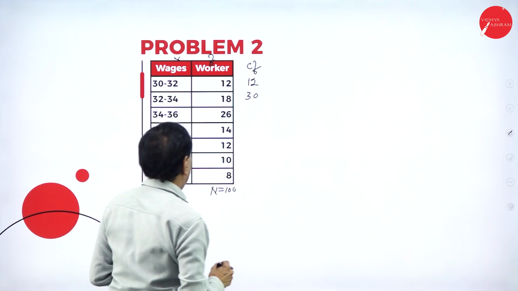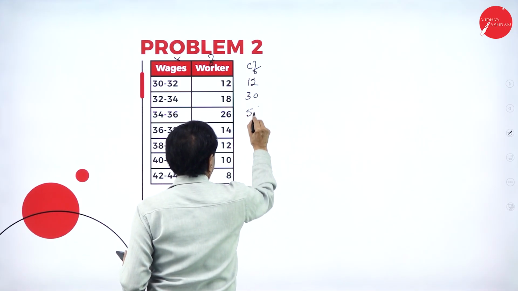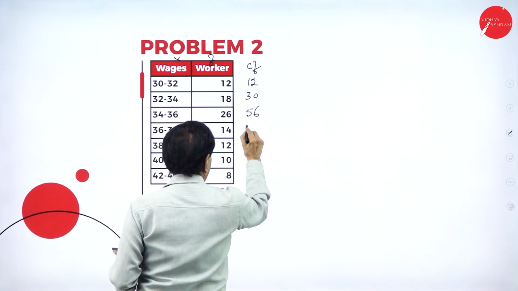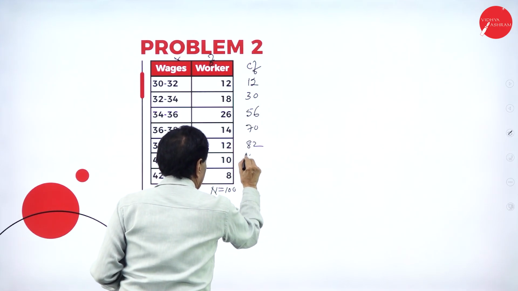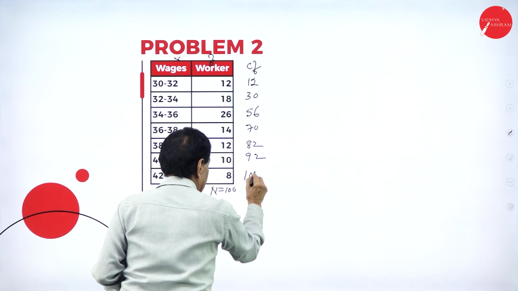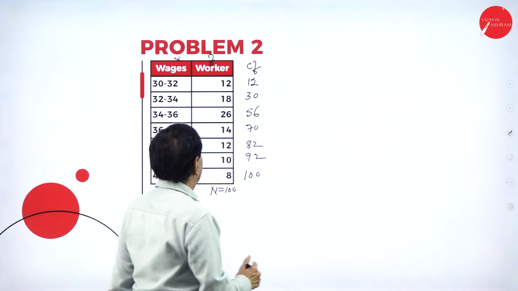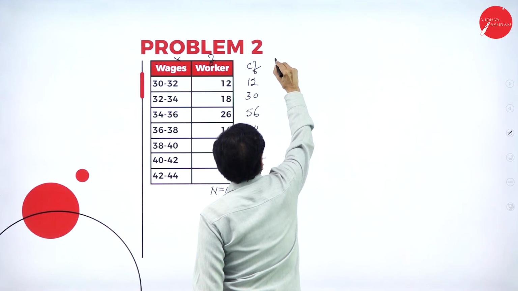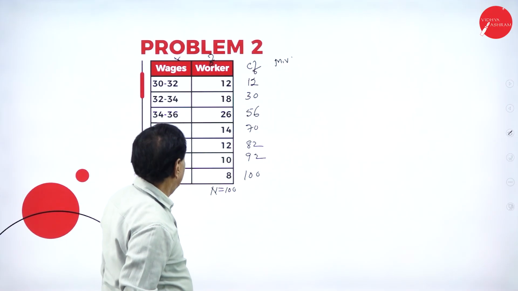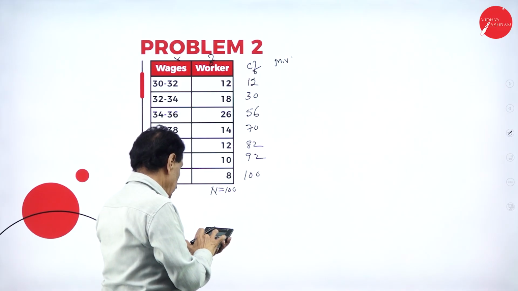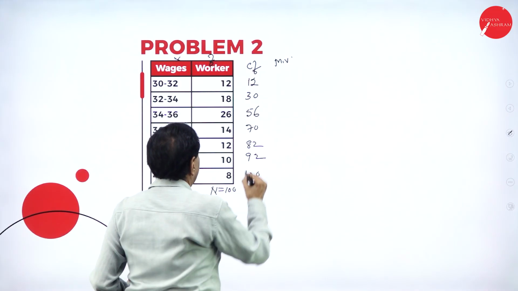Make the cumulative frequency: 12, 18 plus 12 is 30, 30 plus 26 is 56, 70, 82, 92, 100. This is the first step to do CF. Then the mid value: 30 plus 32 is 62 divided by 2, 31.